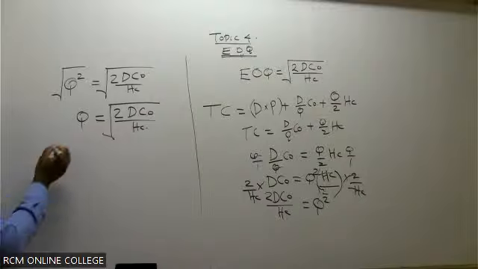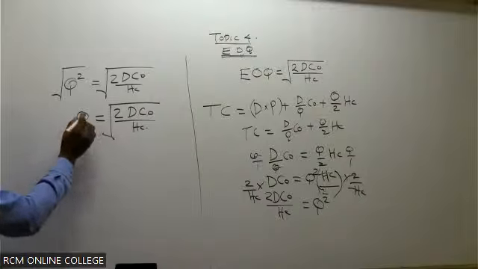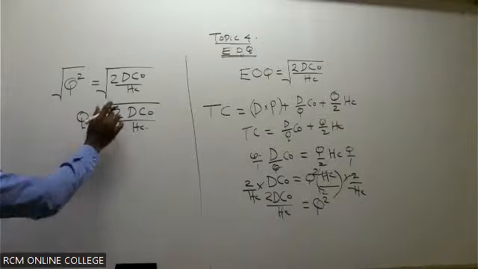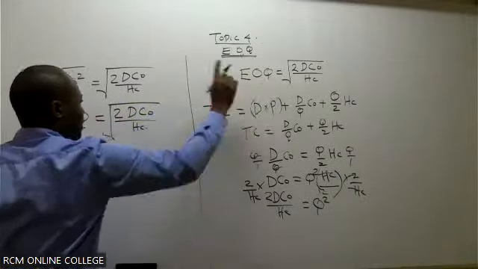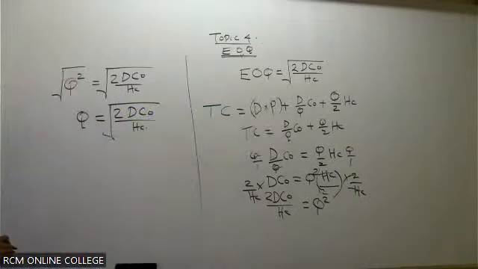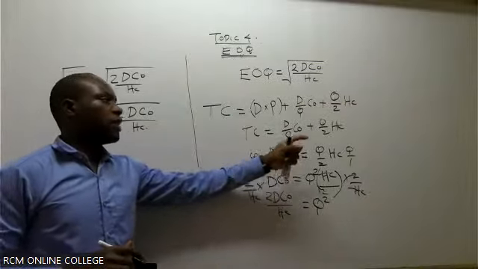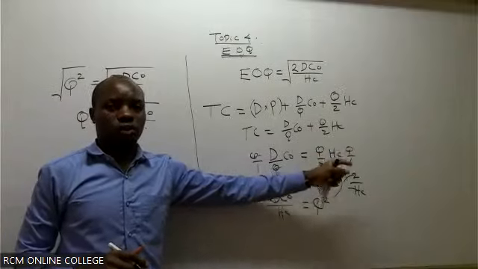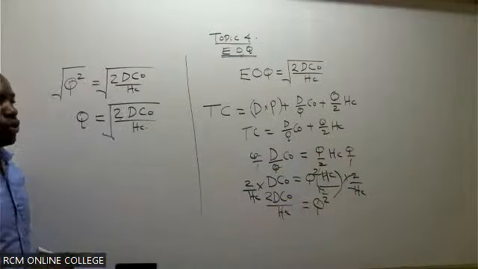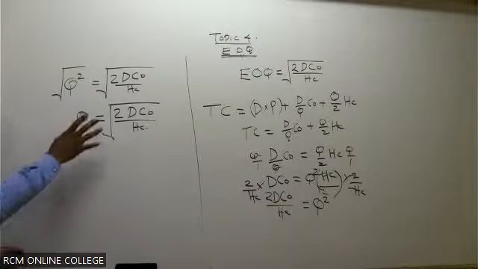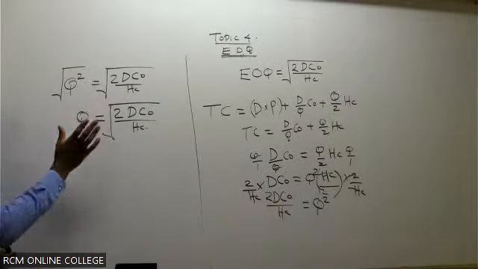So once that is done, I'll be able to get this Q here. This quantity is what we call the economic order quantity, whereby our total ordering cost is equivalent to total holding cost. That is what we do for us to be able to derive the economic order quantity function.